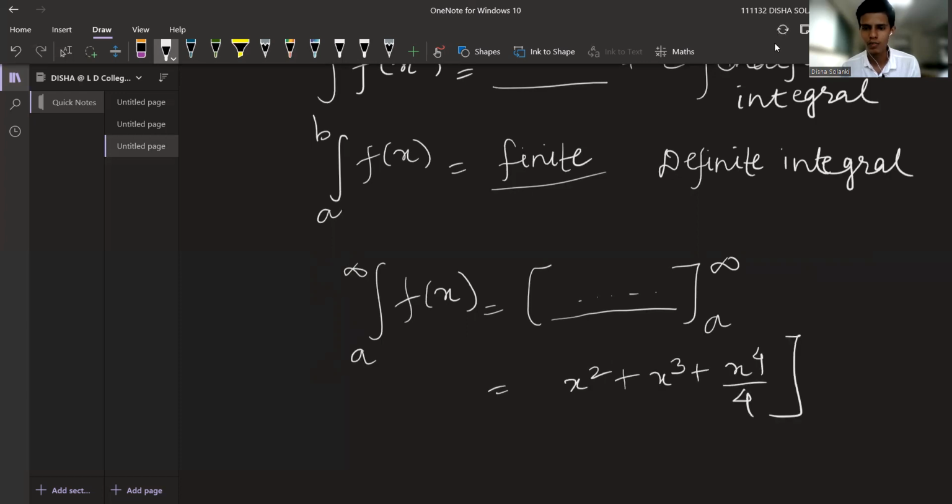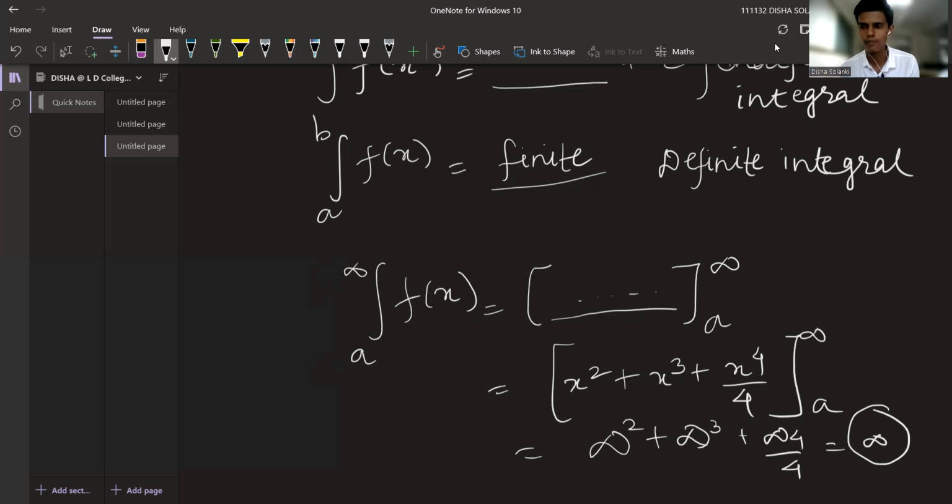If we apply limits, then if we put infinity in place of x, it would be infinity square plus infinity cube plus infinity raised to 4 by 3, which would tend to infinity only. So this is not a proper answer that we need to find. This answer is not defined.